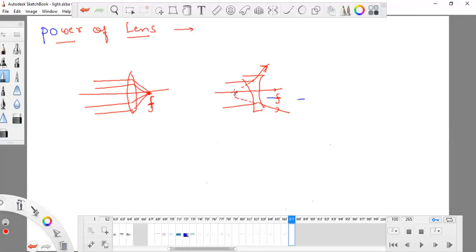It is meeting at another focus, that is f2, but it is trying to diverge the light rays from the focus. So this is known as convergence and divergence, and this is the real ability of a lens. What is the ability of a lens? Converging and diverging. Now this is the power of a lens.